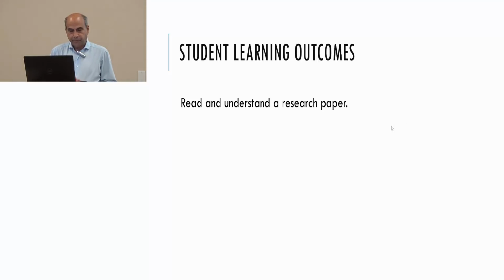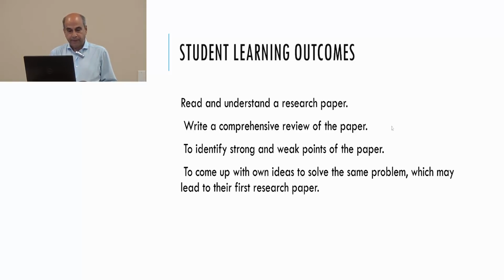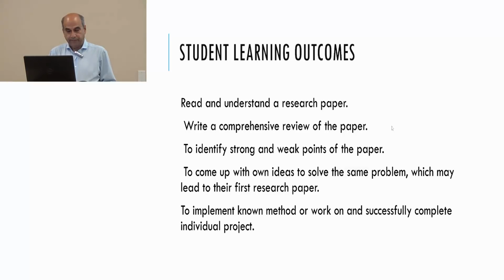The outcomes for students are that you will learn how to read and understand a research paper, write a comprehensive review of the paper, identify strong and weak points of a paper, and come up with your own ideas to solve the same problem, which may lead to your own paper.